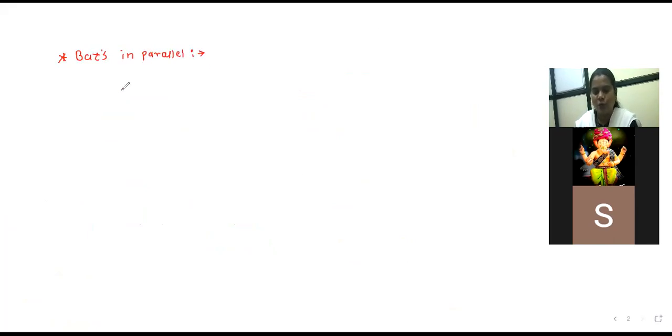In that we have to see three types of problems. Please don't write this, I will explain just for your understanding. First, bars are connected by a rigid rod. Second, bars are connected by an inclined rod.